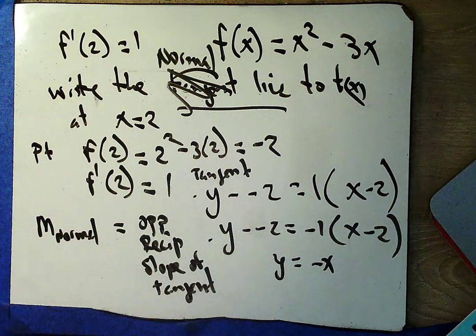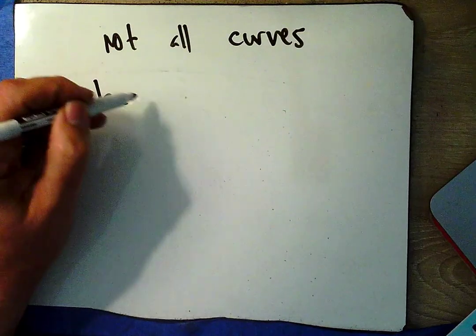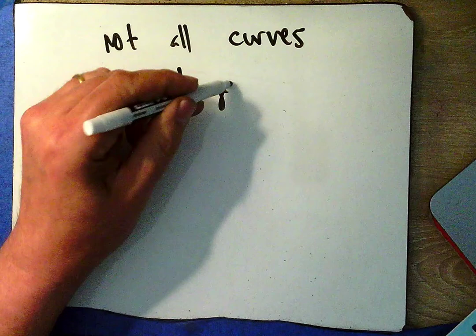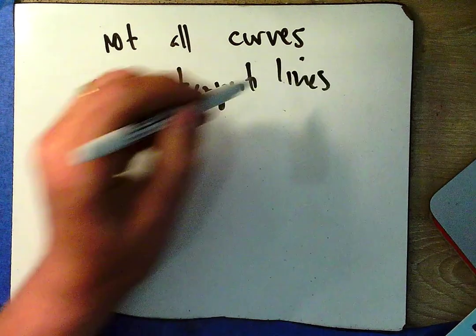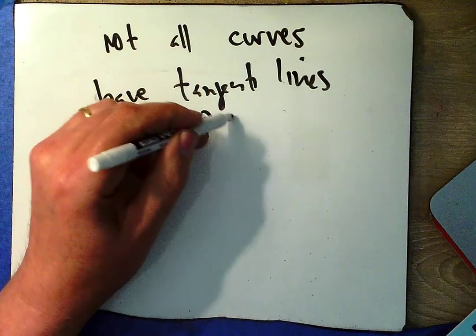All right. Now, we have this powerful tool for finding the slope at a point, a slope machine, f prime of x, that would tell me the slope at any point I chose to plug into it. But not all curves have tangent lines at all points.